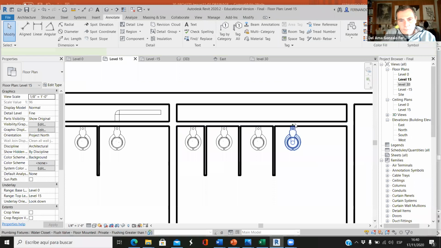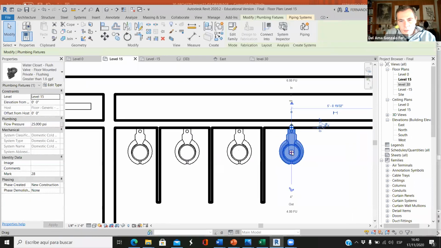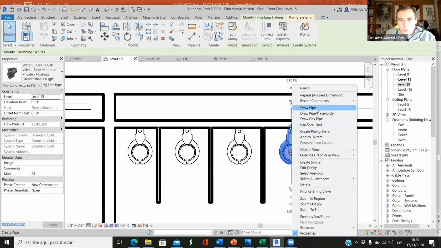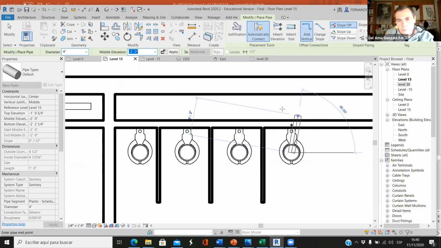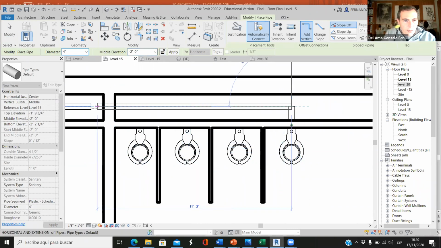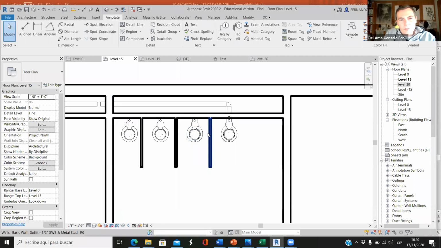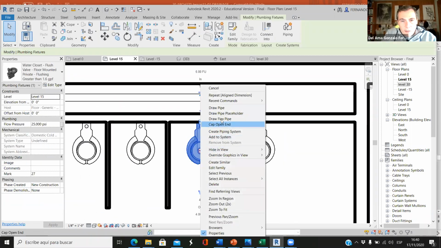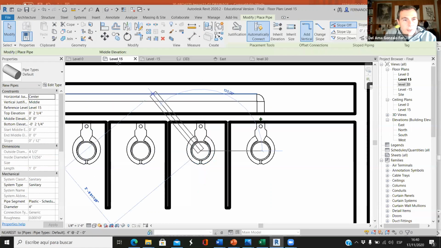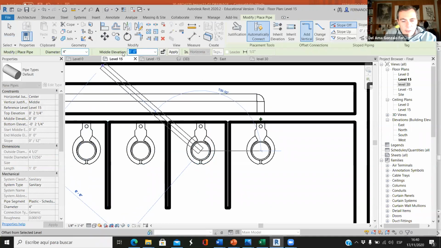From this one, we can draw pipe and change elevation, -2. I'm not connecting this yet because eventually I need to. Then if I want to connect this, I can draw pipe, and if I know the elevation, I can make it -2.